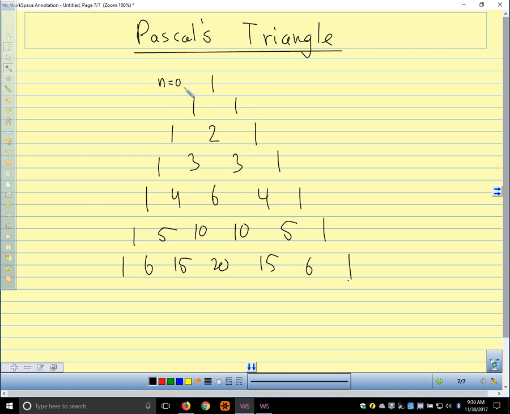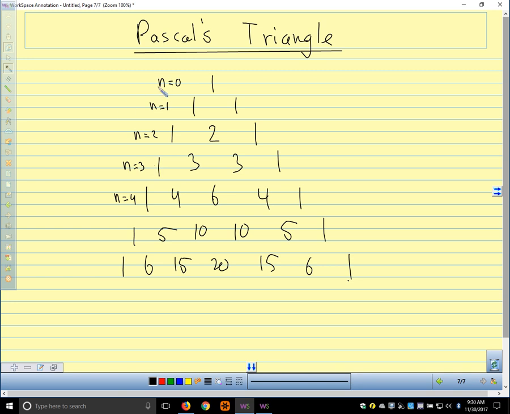So this is n equals 0, n equals 1, n equals 2, n equals 3, n equals 4, etc. Pascal's triangle has a lot of very interesting properties. One of them, we'll see come out when we talk about the binomial theorem.